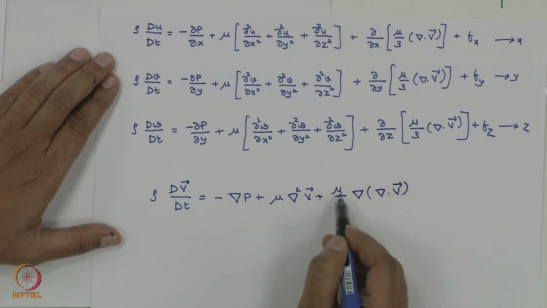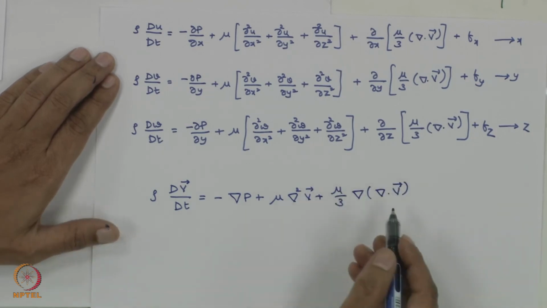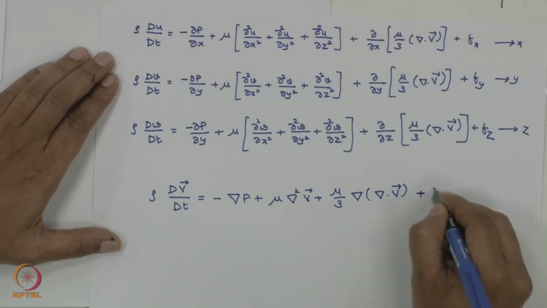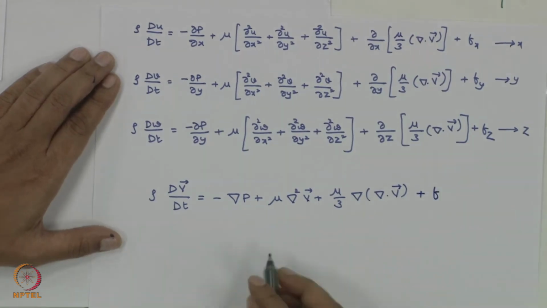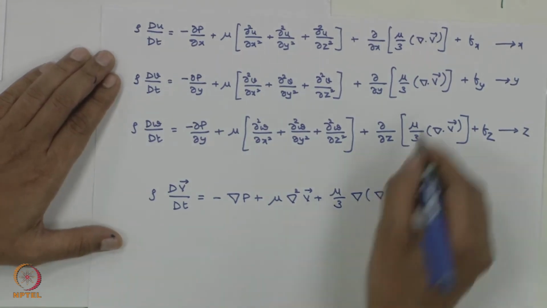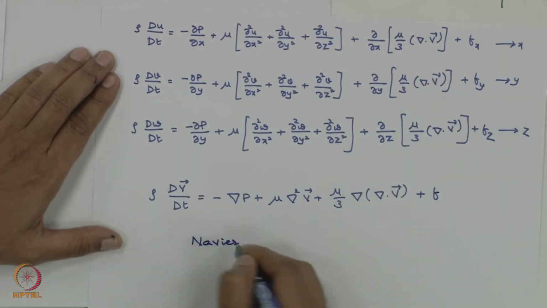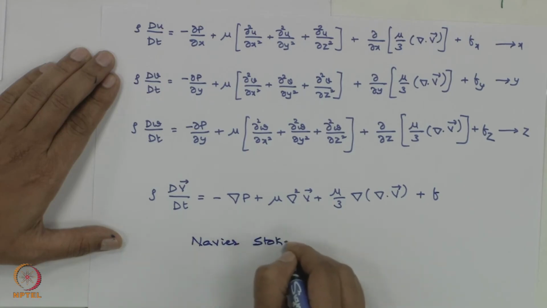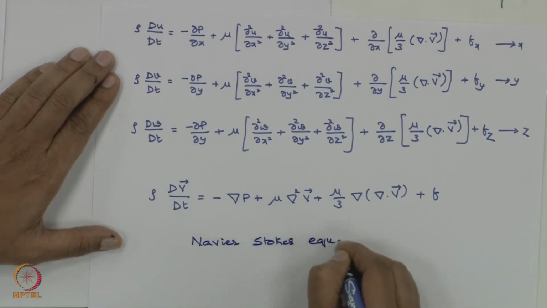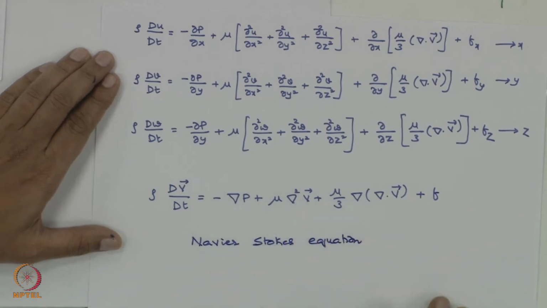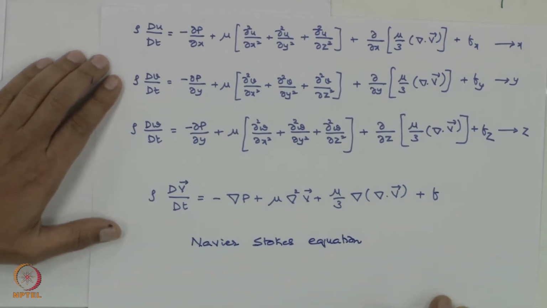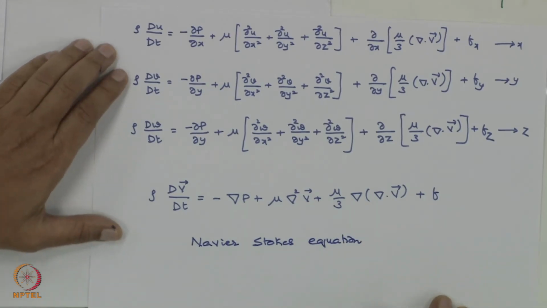Please notice I have pulled out viscosity, I have already assumed viscosity is constant, plus f. So these equations are called Navier-Stokes equations because they were independently derived by Navier and Stokes. That's why we call them Navier-Stokes equations.